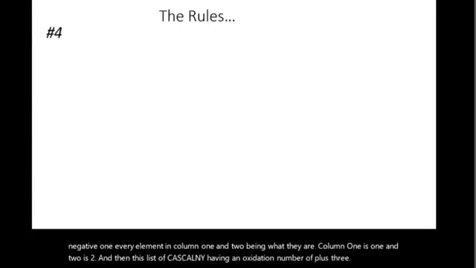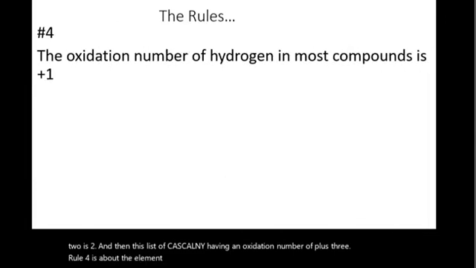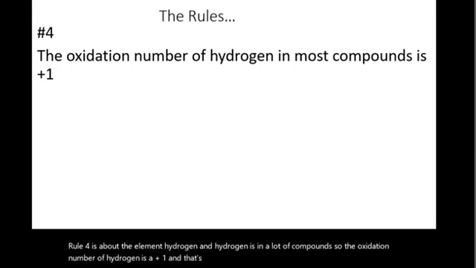Rule number 4 is about the element hydrogen. And hydrogen's in a lot of compounds. So the oxidation number of hydrogen is a +1. And that's only if it doesn't interfere, same as with rule number 3, with a previous rule.